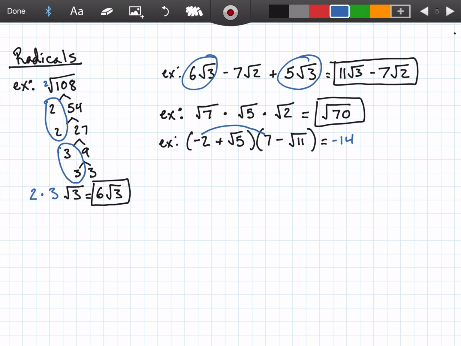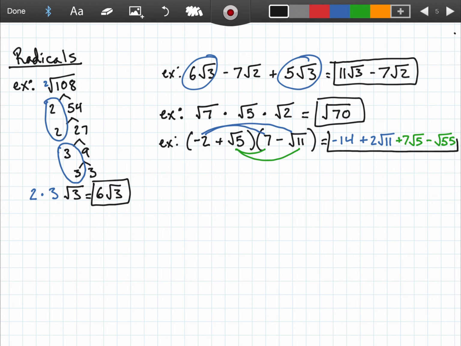Negative 14. Negative 2 times a negative gets me a positive 2 square root 11, plus 7 square root 5, minus square root 55. Well, would you look at that? We don't even have any like terms, so we're done.